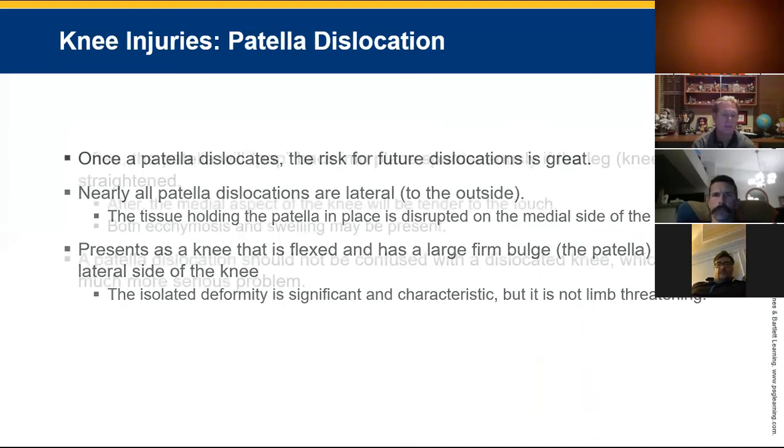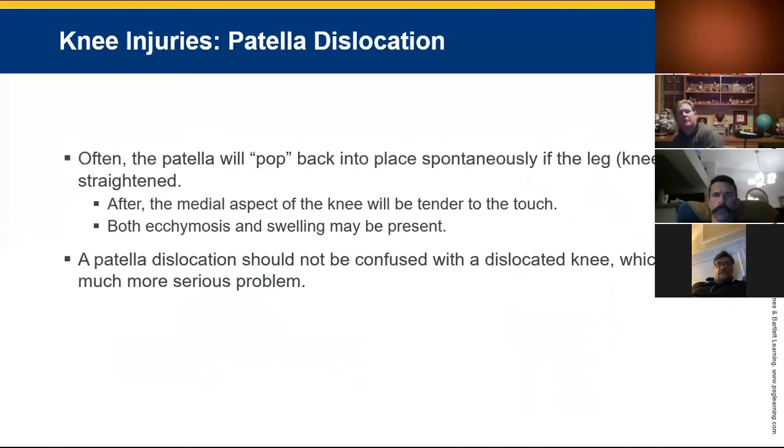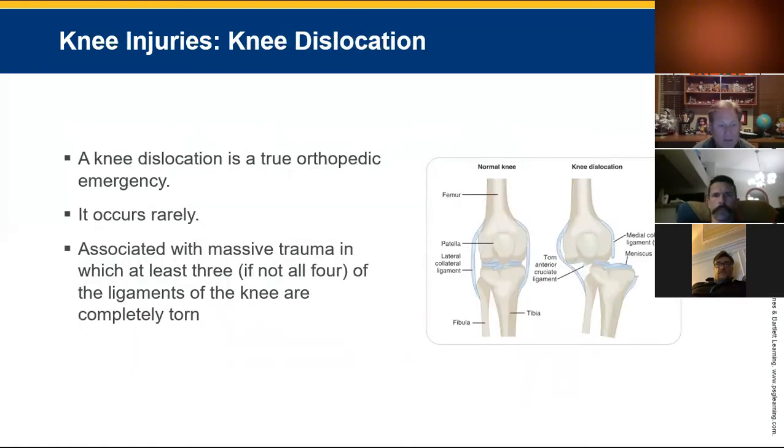And I think that's true with any dislocation. Once you dislocate something, it's because you loosen up the ligaments around it. It has the potential to keep dislocating. So in your patient assessment, that's one of the things you can ask them: have you ever had your knee or shoulder pop out before? And a lot of times they're going to tell you.